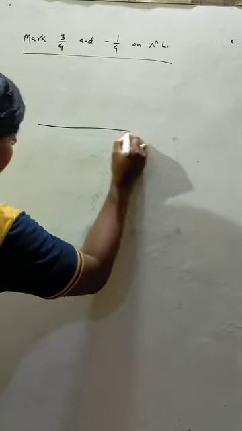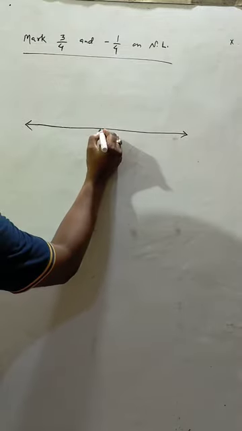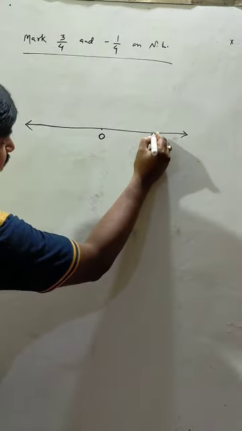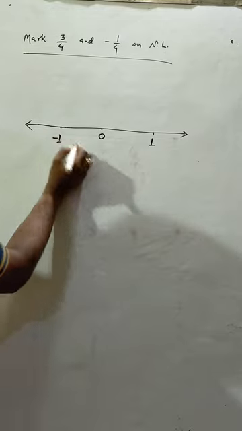So we will draw a number line such that we put a 0 here, we put a 1 here, and we put a -1 here, because both the rational numbers are smaller than 1.